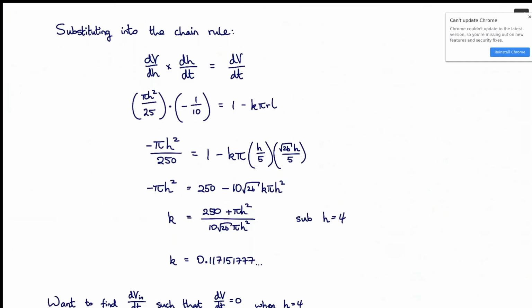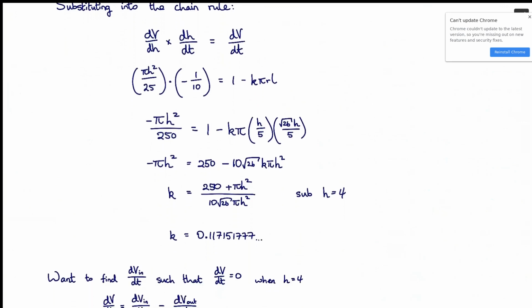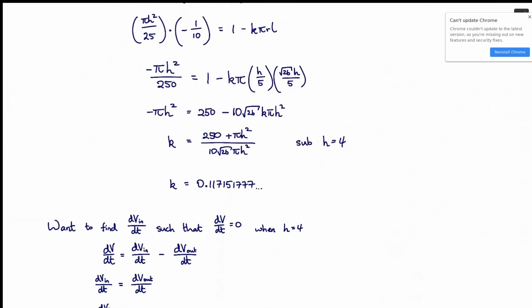At the moment, what I'd like to work out is the rate constant k, bearing in mind that h is going to be 4, as given in the question. So I've substituted everything into that chain rule, and changed r and l into terms of h. Doing a little more algebra, I end up with k as 0.117 and so on.